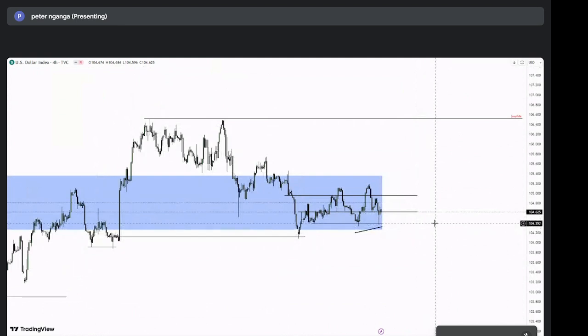I first check the calendar, analyze the news, see what the news have for that week. Then the moment I open TradingView, I go directly to DXY, analyze it, so that I can have a clear overview in my head of what I'm expecting on the pairs that I'm going to trade.